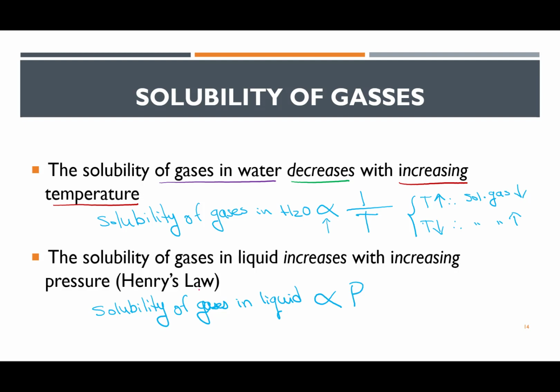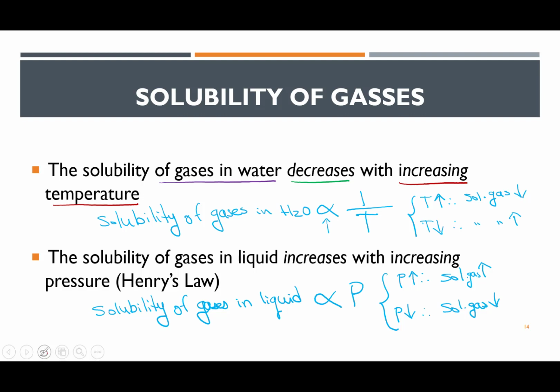I will talk about Henry's law when I teach the chapter that involves gases, but for now you will know that the solubility of gases in liquid is directly proportional to pressure. That means if you increase the pressure, the solubility of gases increases, and if you decrease the pressure, the solubility of gases decreases. That's Henry's law. Then let's go over this one more time.